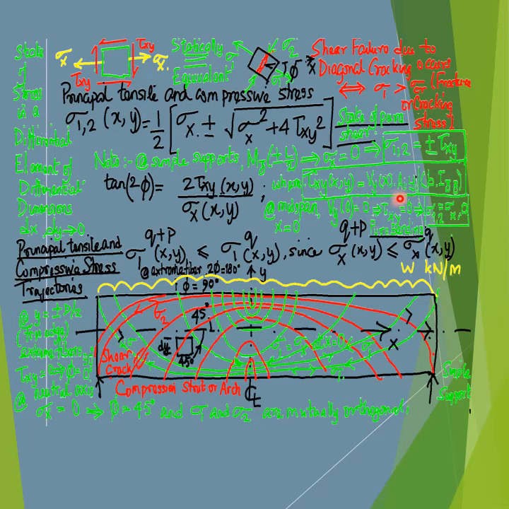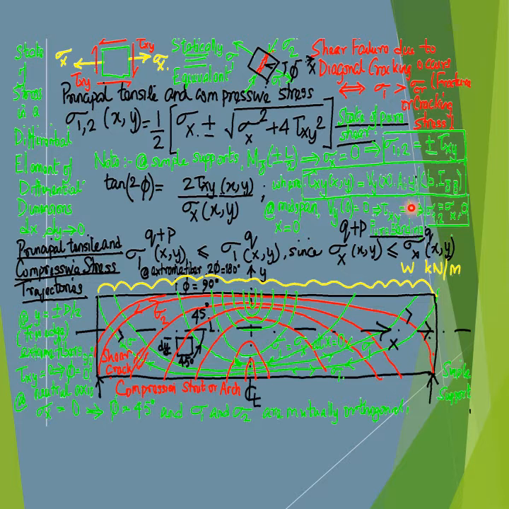As a result, the shear stress tau xy given by the classical equation for shear stress documented in all the standard textbooks on mechanics of materials also works out to be 0.